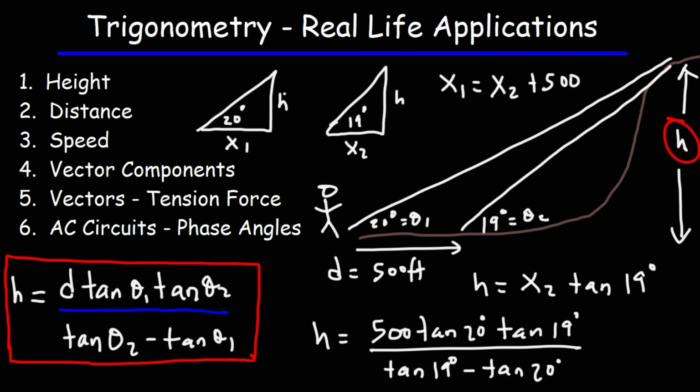I do need to make one correction. I know I made this problem on the fly, but this angle here should be larger, because as you move closer to the mountain, because the horizontal distance is shorter, this angle has to be larger.